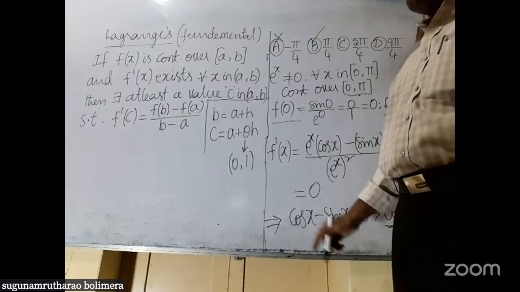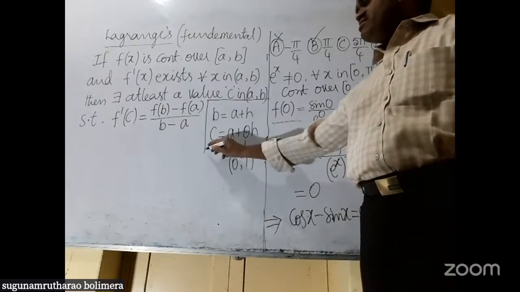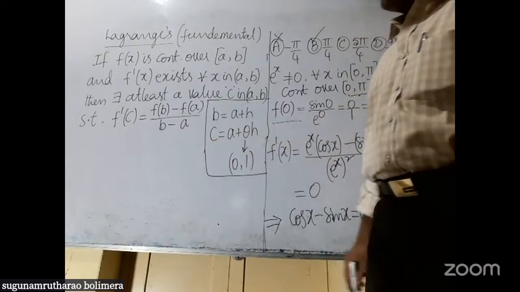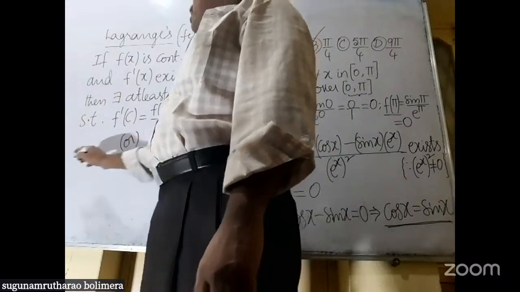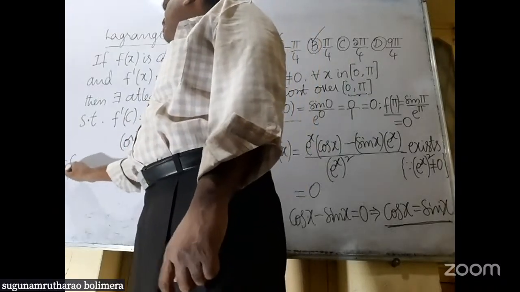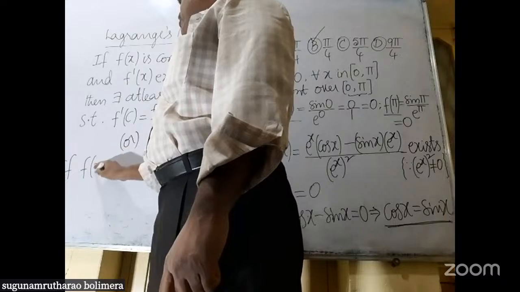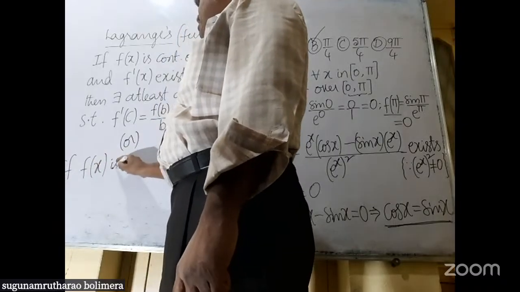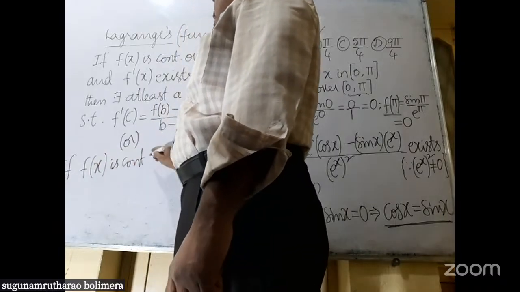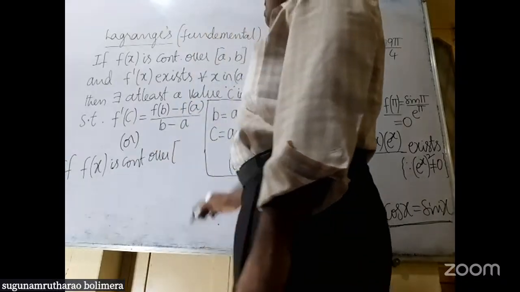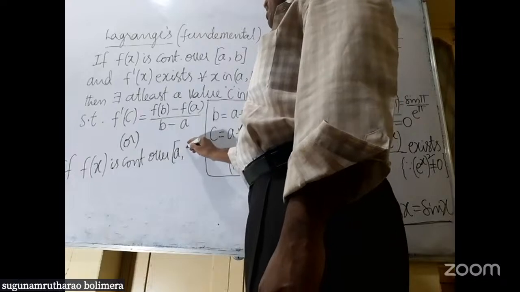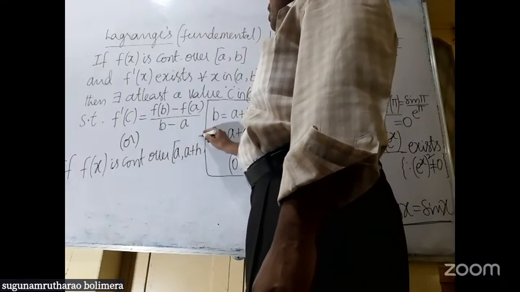So the one simple modification is: if f of x is continuous over closed [a, a plus h].